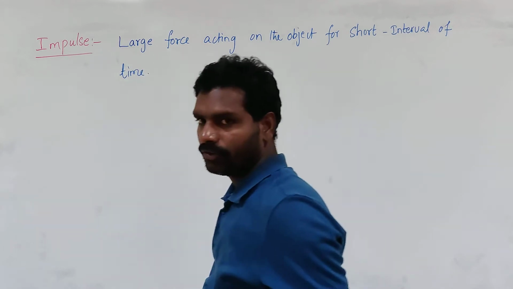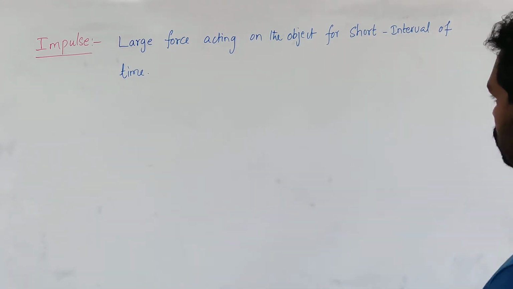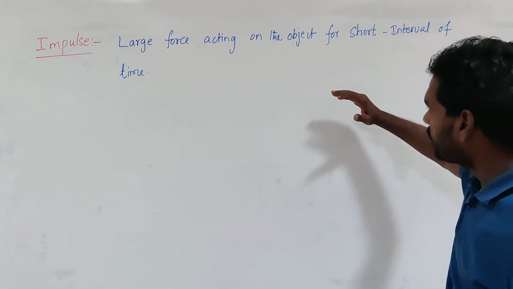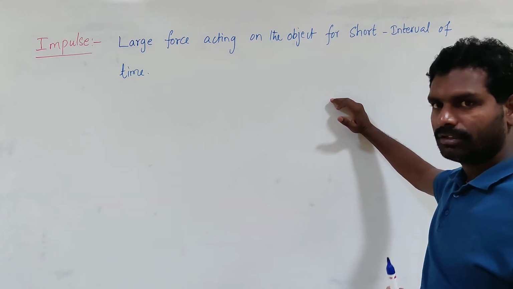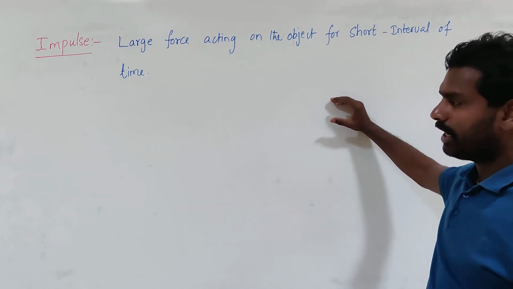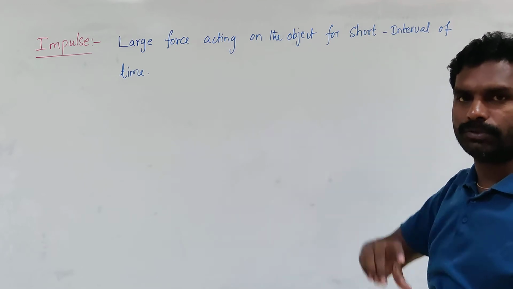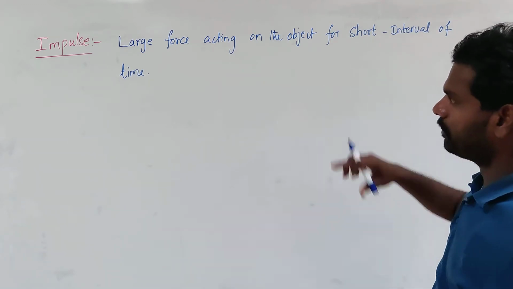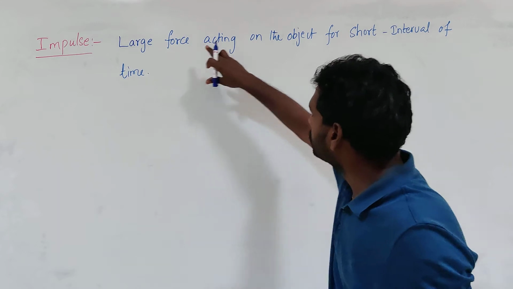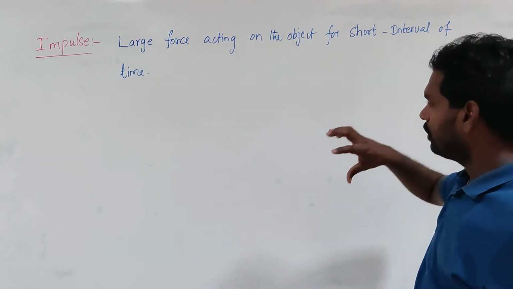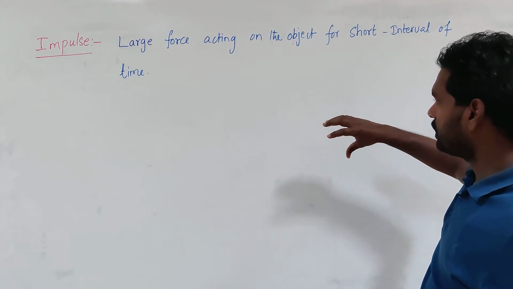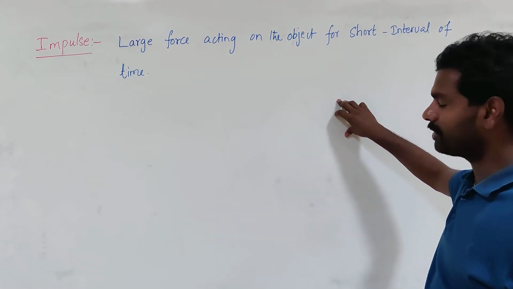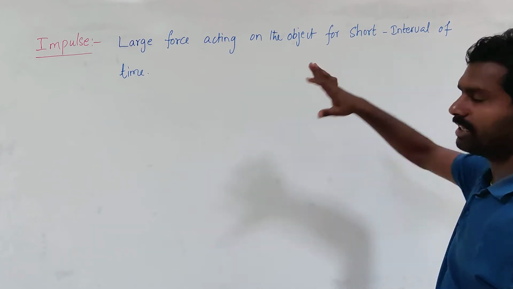For example, when you throw an object at the wall with a large amount of force, the object interacts with the wall for only a very small interval of time, and after that the ball will rebound. So when this ball hits the wall, the ball exerts a large amount of force on the wall for a short interval of time.